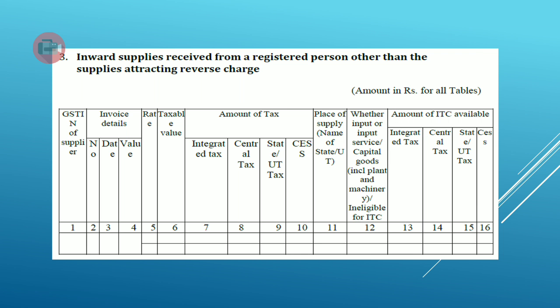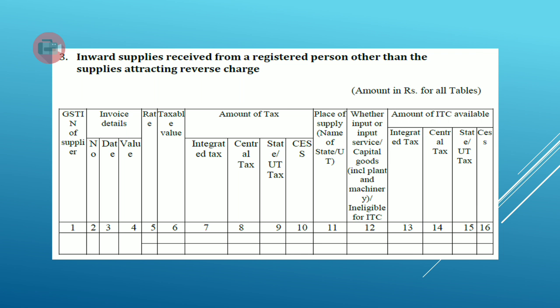The first column is GSTN of the supplier, then invoice, rate, taxable value, then amount of tax: integrated tax, central tax, state or UT tax, and cess.